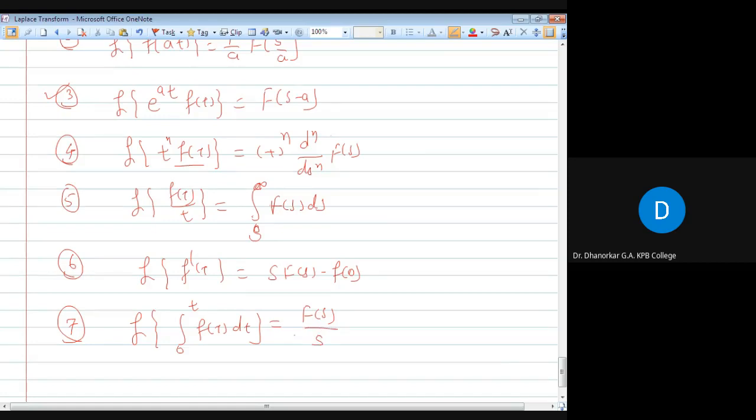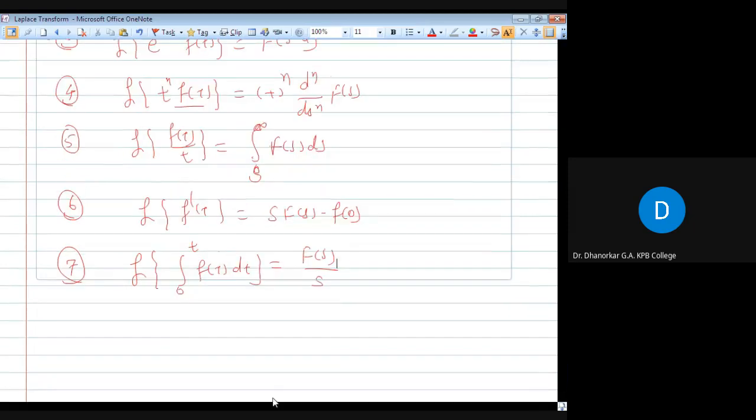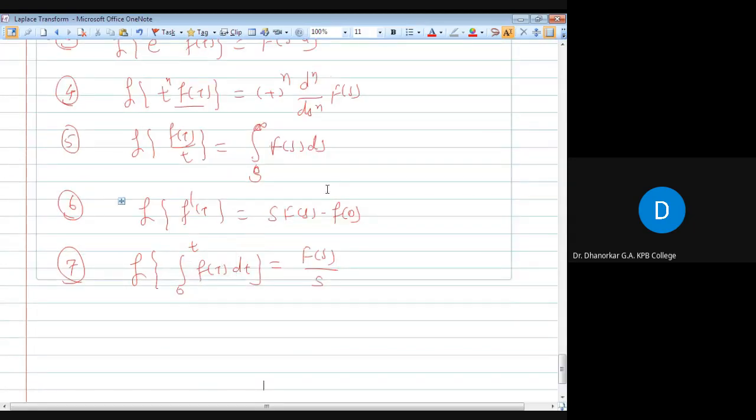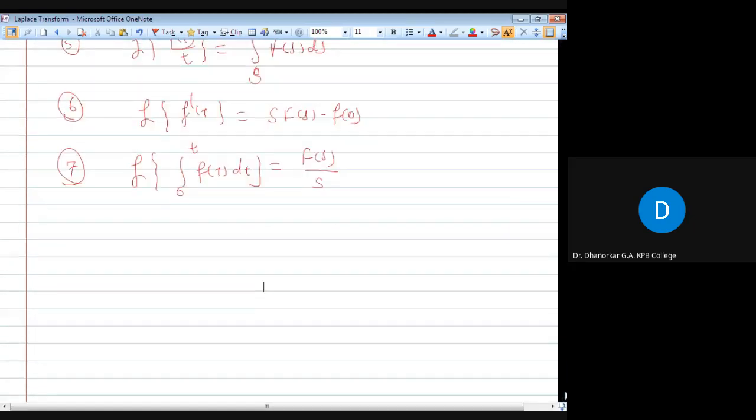We use this property when there is an integration term. If you need proof, you can go through the proof of this theorem. Seventh number. Proof is also there, but I am not taking this proof; you can go through it, and surely I will discuss it when I get some time.